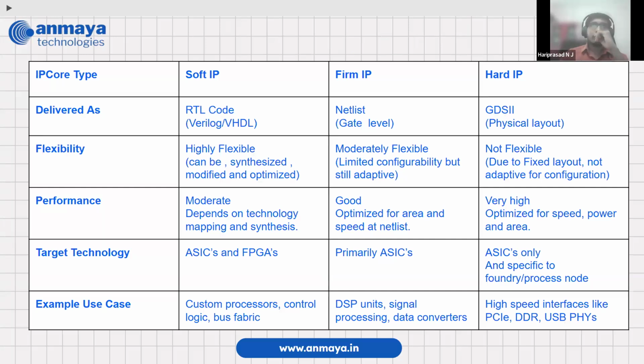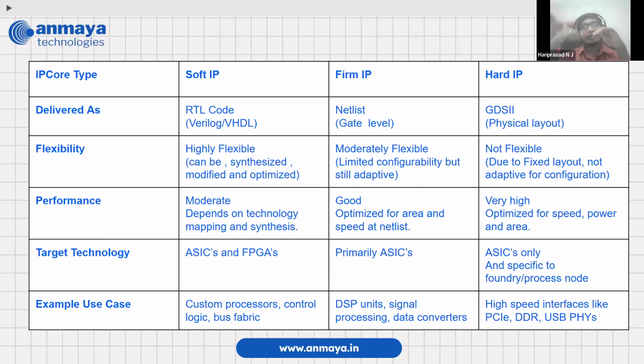I have kept a few things for comparison. Soft IP will usually be delivered as RTL code, or basically encrypted packages. Firm IP is delivered at netlist level, and hard IP even at GDS level.